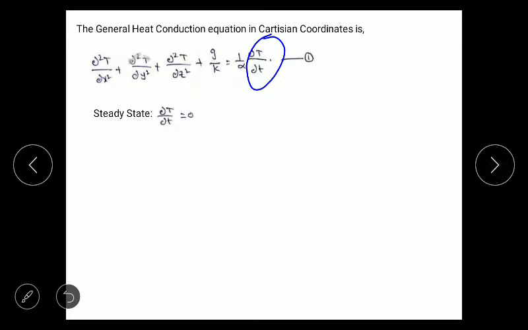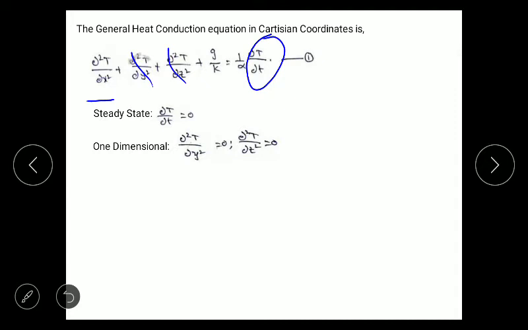And as it is one-dimensional, temperature is a function of only one direction, x or y or z. Let us say for this case temperature is a function of only the x direction. Then the remaining two terms should be equal to 0: ∂²T/∂y² = 0 and ∂²T/∂z² = 0, as it is one-dimensional.